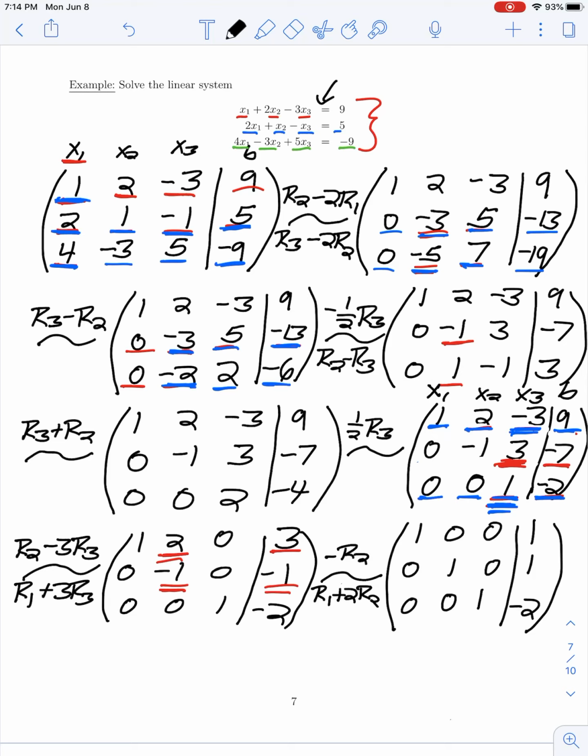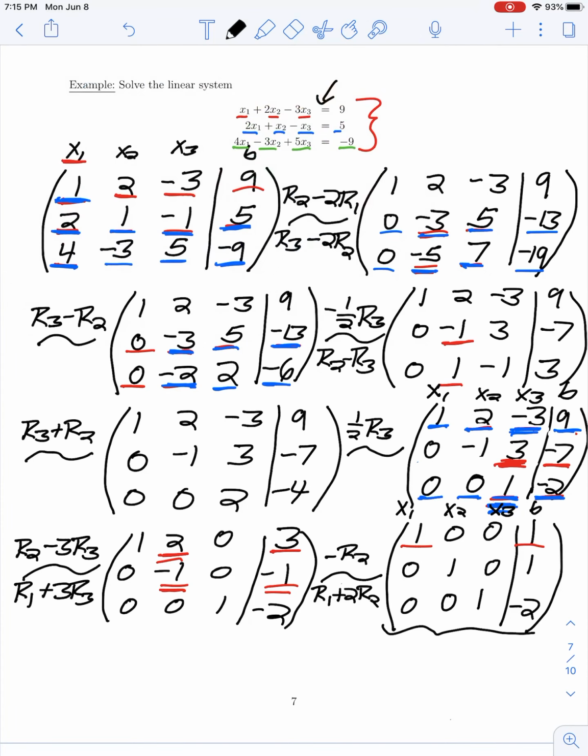So looking at this final matrix that I've obtained, let's think about what these rows say in equation form. Remember that here my columns are just giving us the coefficients for x1, x2, and x3, and a constant. So my first equation says 1x1 is equal to 1.